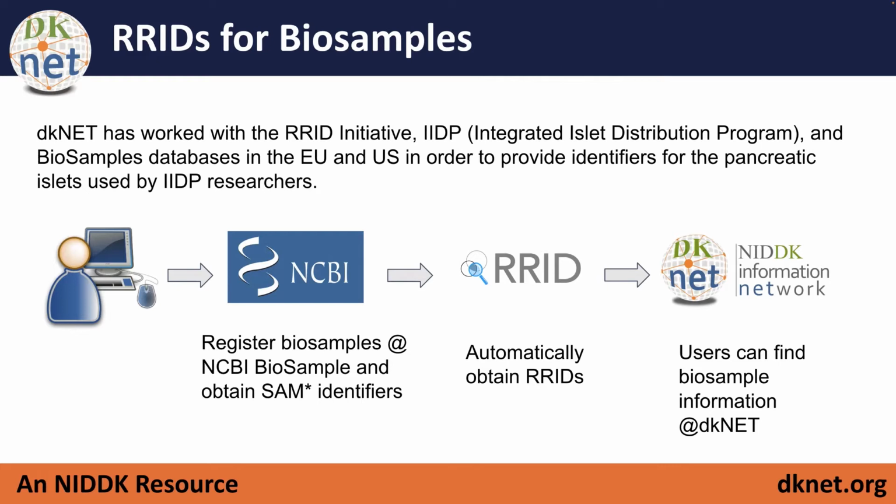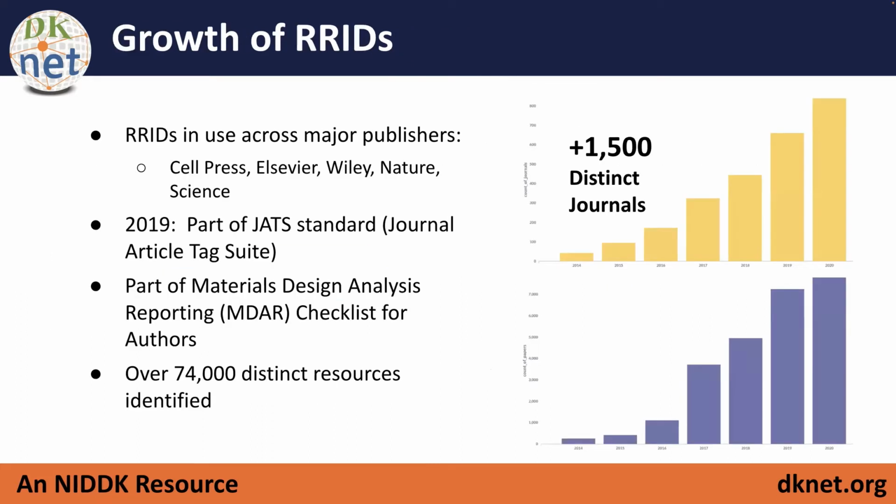And that is now part of dkNET. So again, we have a number of resources that we currently identify, but if there is something else that you believe should be identified through the use of an RRID, you can always talk with us, and we can have a conversation about whether that is appropriate for RRIDs, and who or what the community authority should be that provides the identifiers.